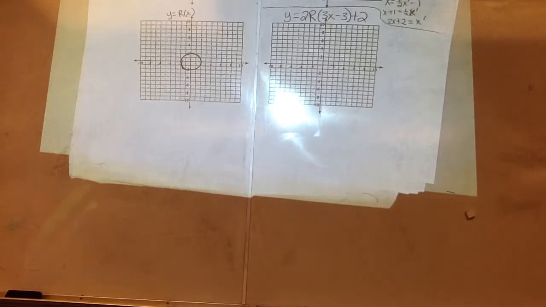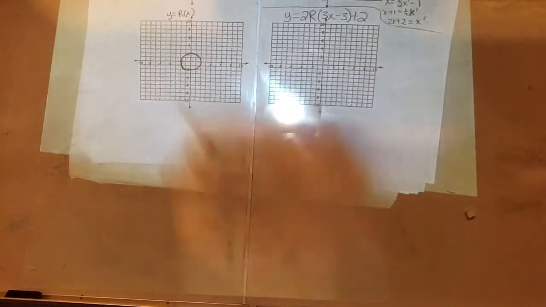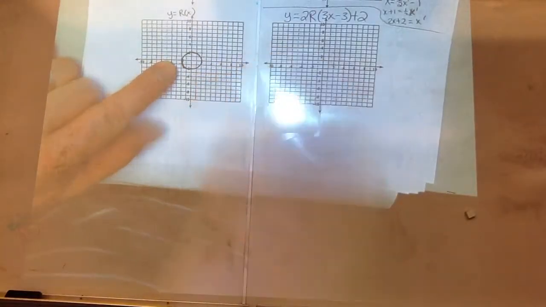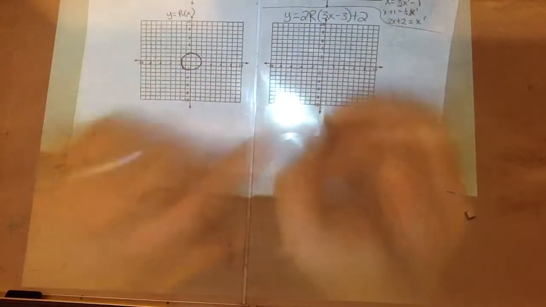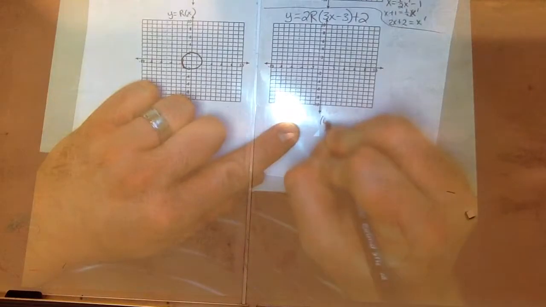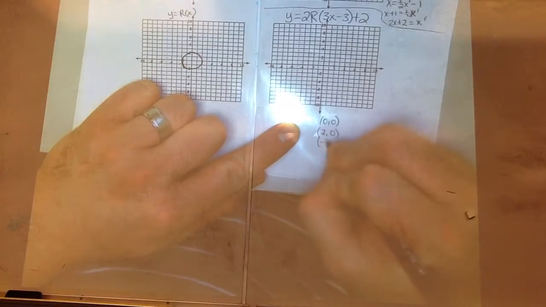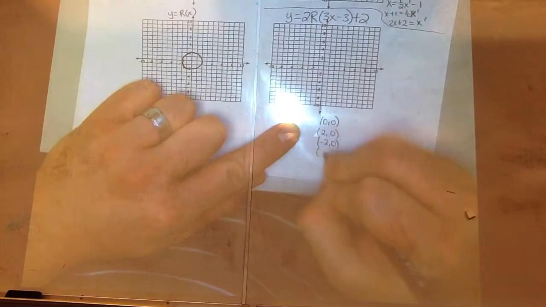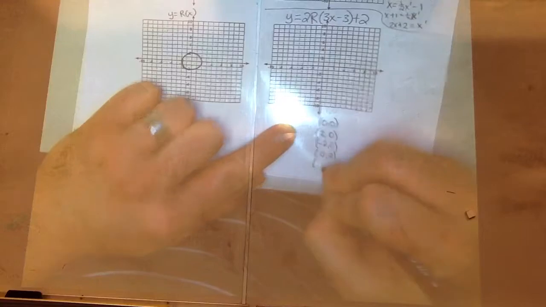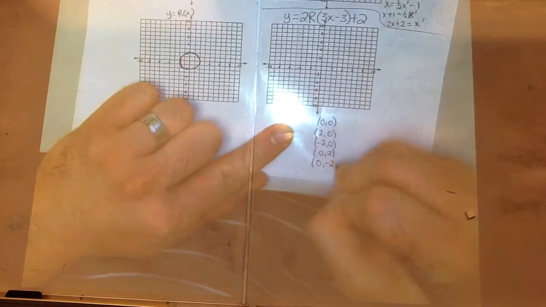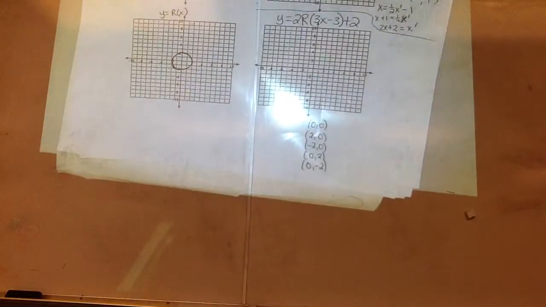Actually 5 that you know. The center, and these 4 outer ones. So I would go 0, 0, 2, 0, negative 2, 0, 0, 2, and 0, negative 2.